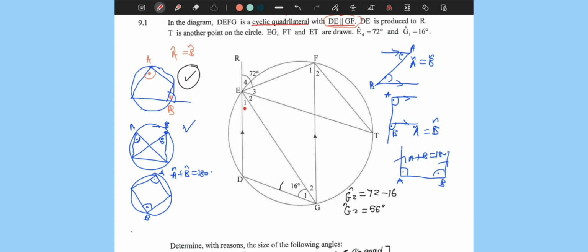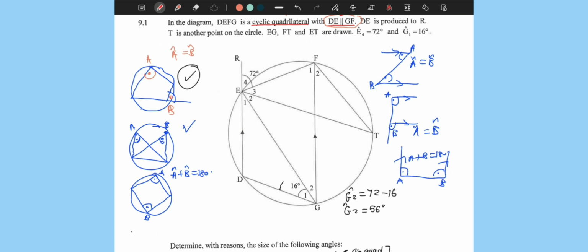The reason for me to calculate this E1 is that in order for me to get the summation of E2 plus E3, I will use the angle on a straight line. And if I have this one, it will be possible for me to find the summation of this E2 and E3 called GEF. So I have to firstly find the angle which is E1.